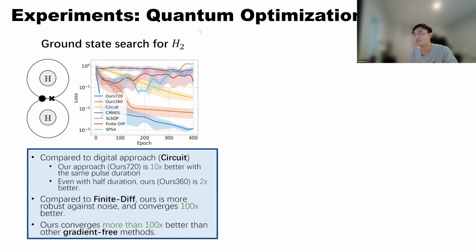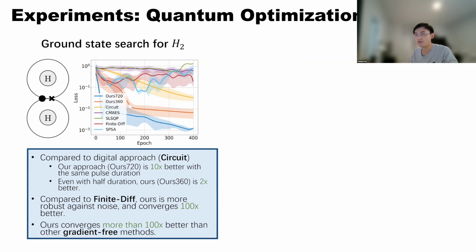For experiment results of quantum optimization problems, the figure here describes the ground state search for the hydrogen molecule model, and you can see that the bottom two curves represent our method on the same duration as the circuit method.